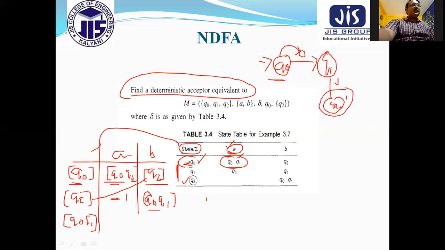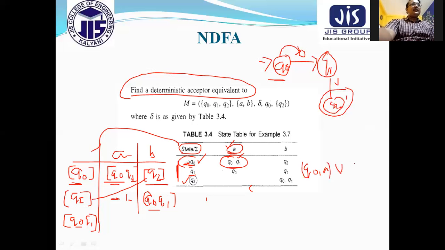It is available, but alone: Q0 is available, then Q1 is available. Then how can we go for it? It is very easy. We have to make the union of these two. How? Suppose here state Q0, Q0 taking the A, where can we go?